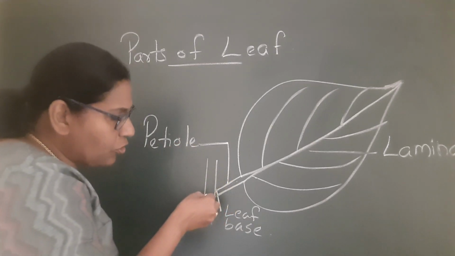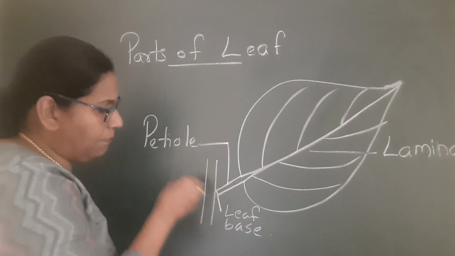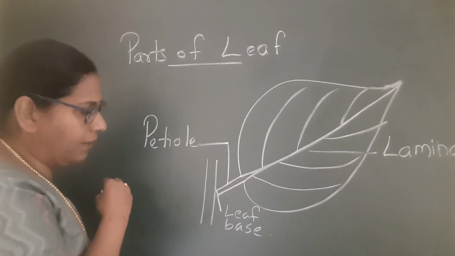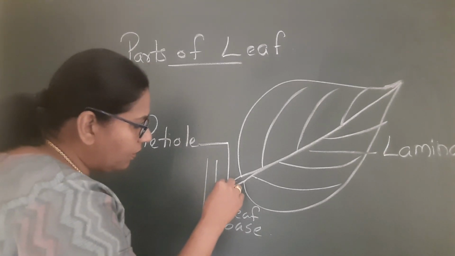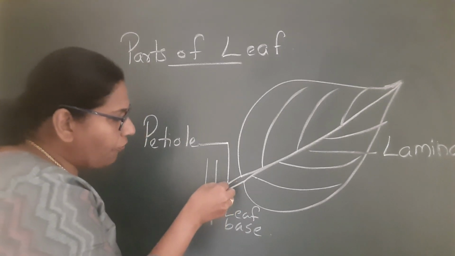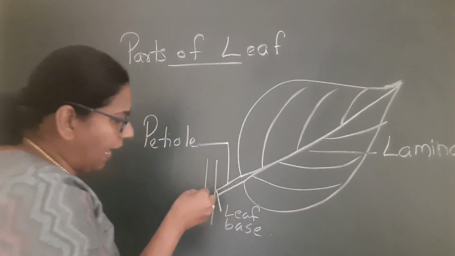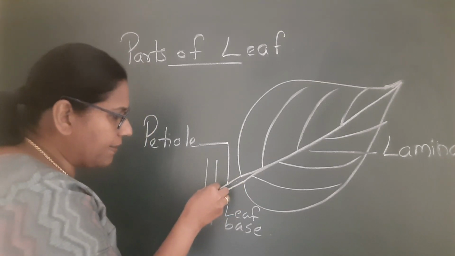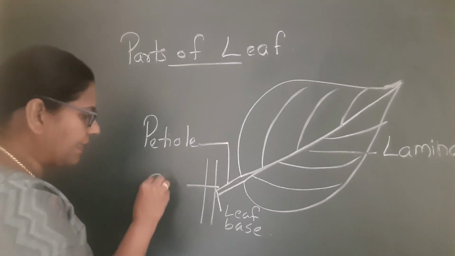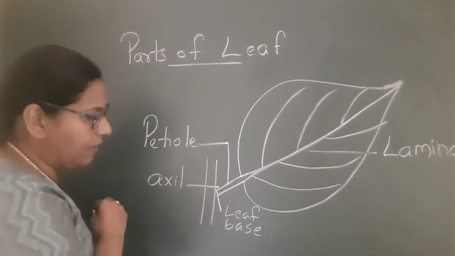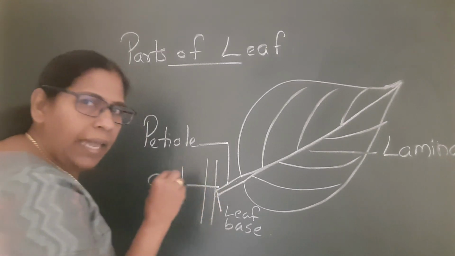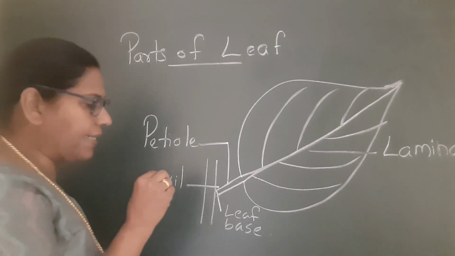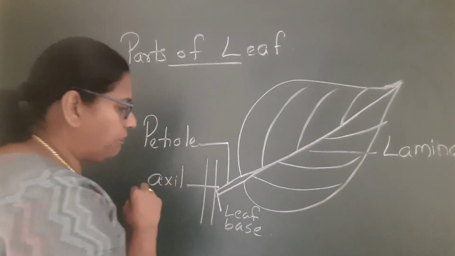Petiole is attached to the main stem of the plant. The angle between the leaf and the stem is called axil. There is a bud, called the axillary bud.